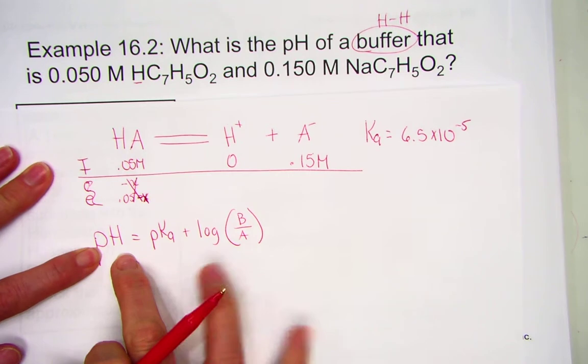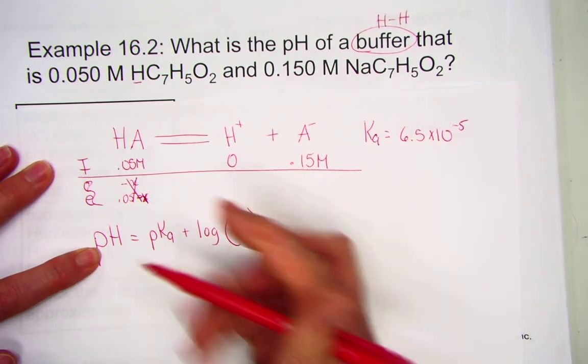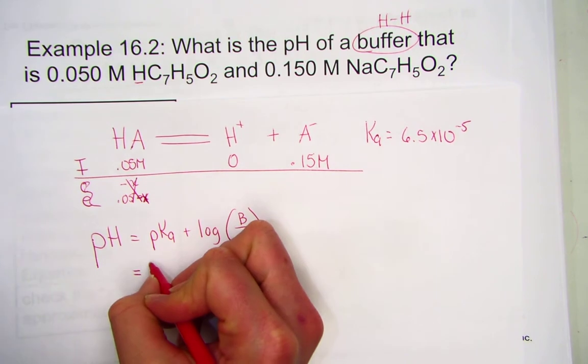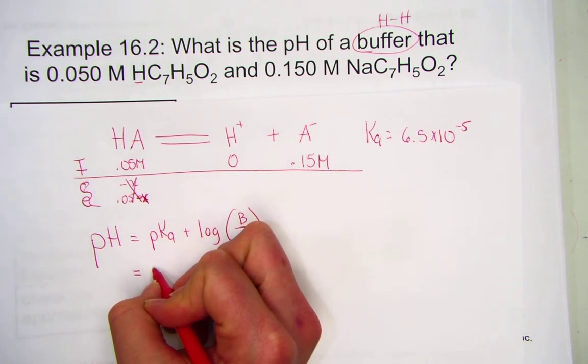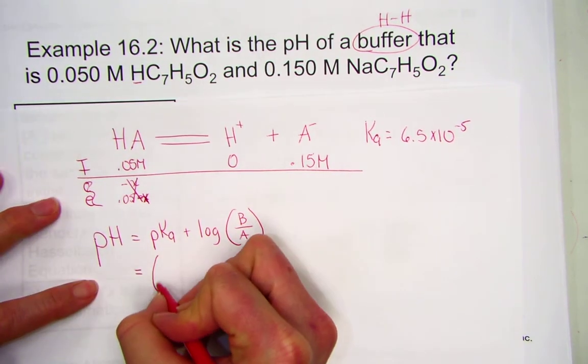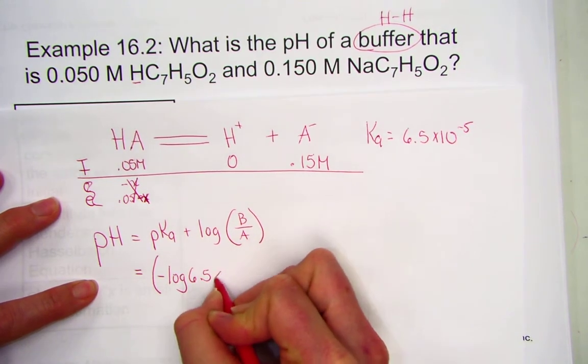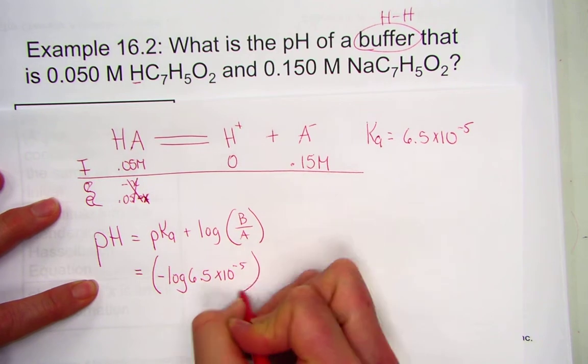So pH is what we're solving for. Now we have Ka. I looked it up either by cheating and looking in the example, or really in my textbook. There's a whole chart of Kas for various acids. I'm going to take the negative log of 6.5 times 10 to the negative 5th.